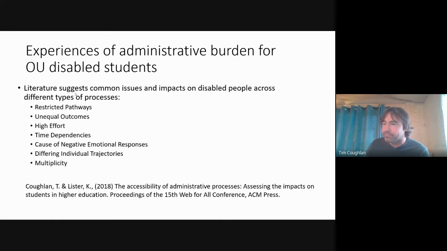There's quite a lot written about things like buying stuff online. So in one particular case in the US, buying flight tickets online, you get a better price than you do on the phone. But the websites are not accessible to disabled people. So in a sense, that's causing inequality.